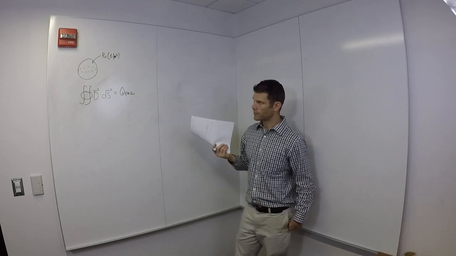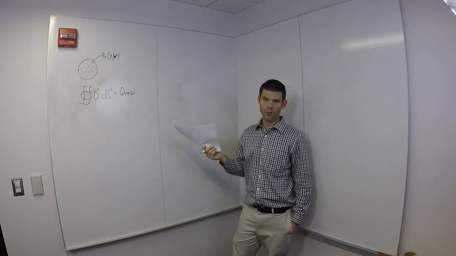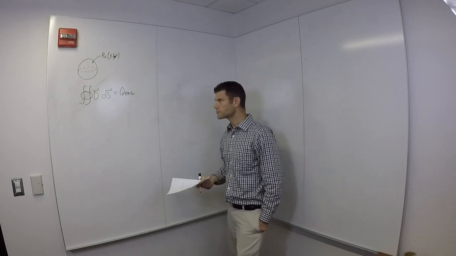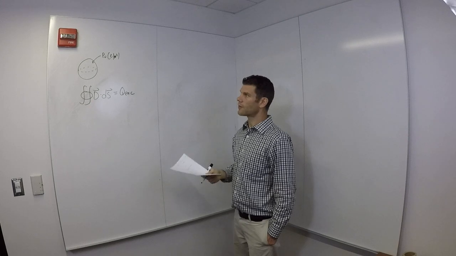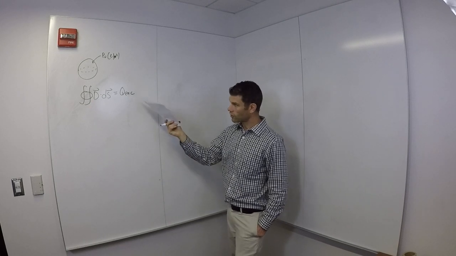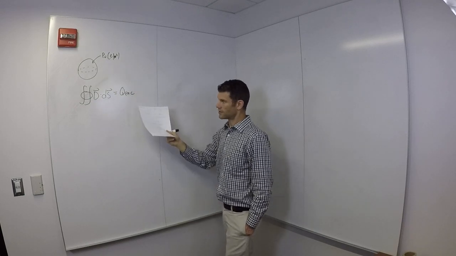So this problem ends up being a little more complicated. This is similar to the coaxial cable problem I showed in class, where you have to break this up into two components because the enclosed charge is going to be different whether we're inside the sphere or outside the sphere.